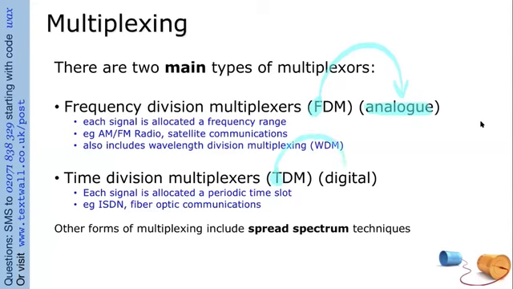And when we talk about time domain, it's generally digital communications. Okay, it's not exclusive, but that is generally the case. Okay, there's other types of modulation. We sometimes talk about wavelength division multiplexing, code division multiple access, CDMA, which is a form of spread spectrum. We'll say a few words about that in a minute.